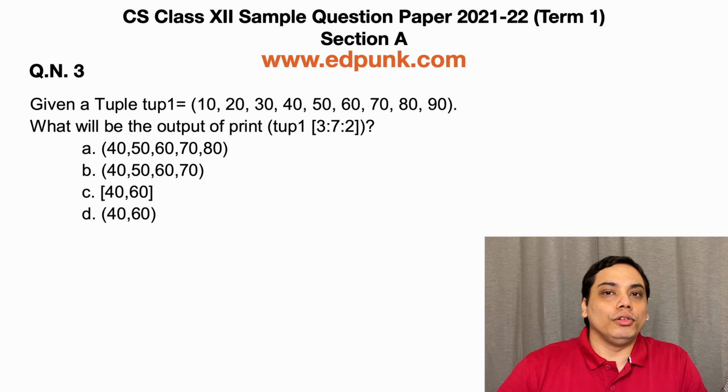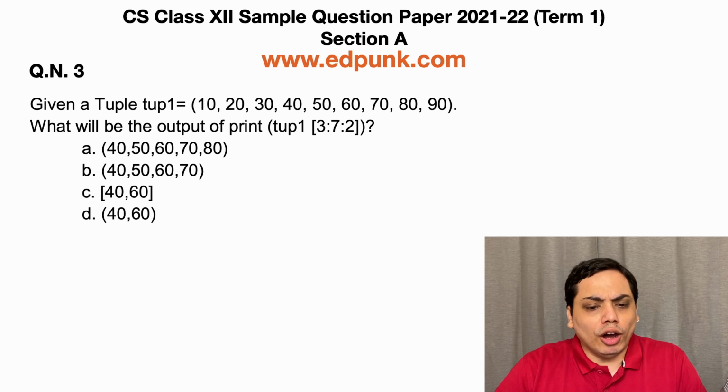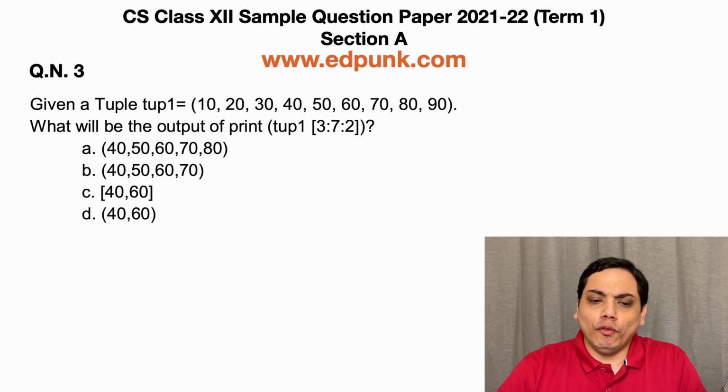So let us move on to the next question, which is: given a tuple tup1 = (10, 20, 30, 40, 50, 60 till 90), what will be the output of print(tup1[3:7:2])?